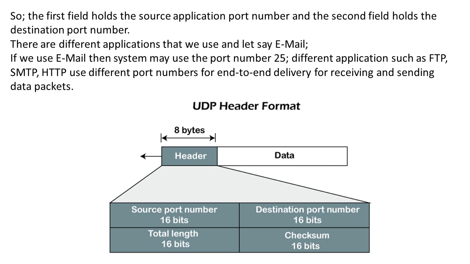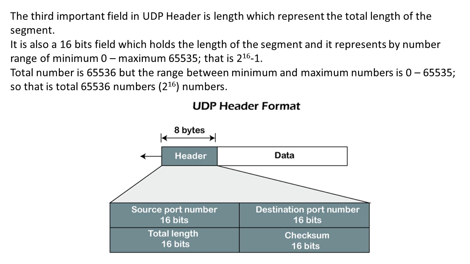across the network. The third important field in the UDP header is length, which represents the total length of the segment. It is also a 16-bit field which holds the length of the segment, and it is represented by a number range of minimum 0 to maximum 65,535, that is 2 to the power 16 minus 1.